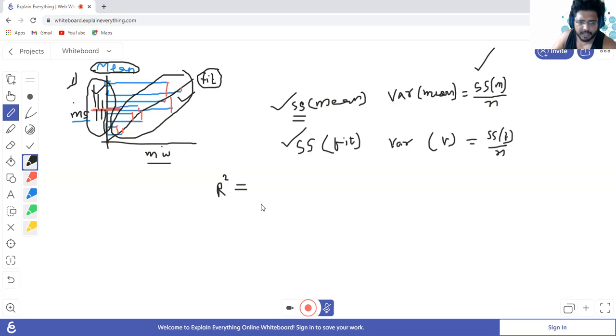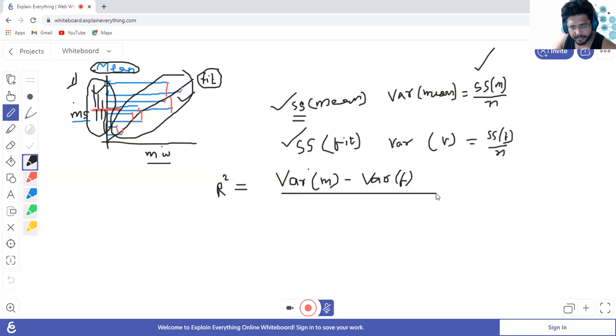So the formula for R square is variance of mean minus variance of fit, divided by variance of mean. Now what is it telling?